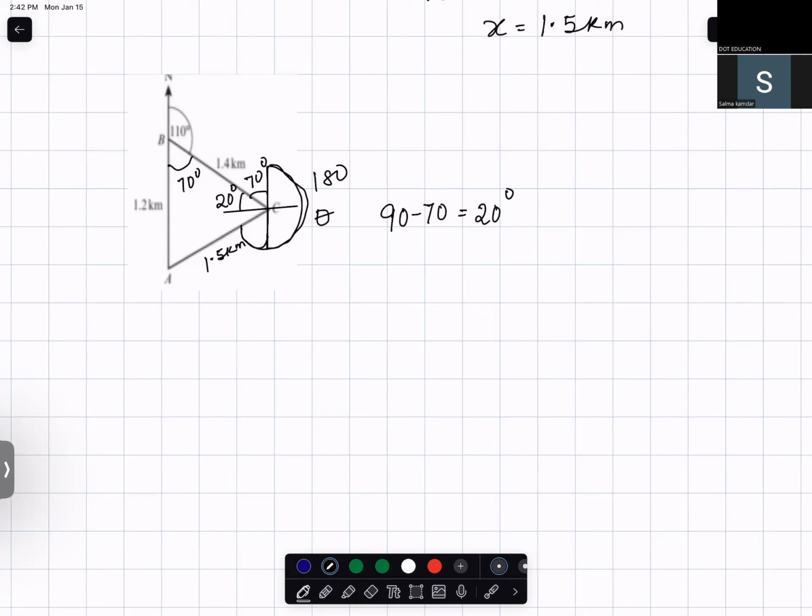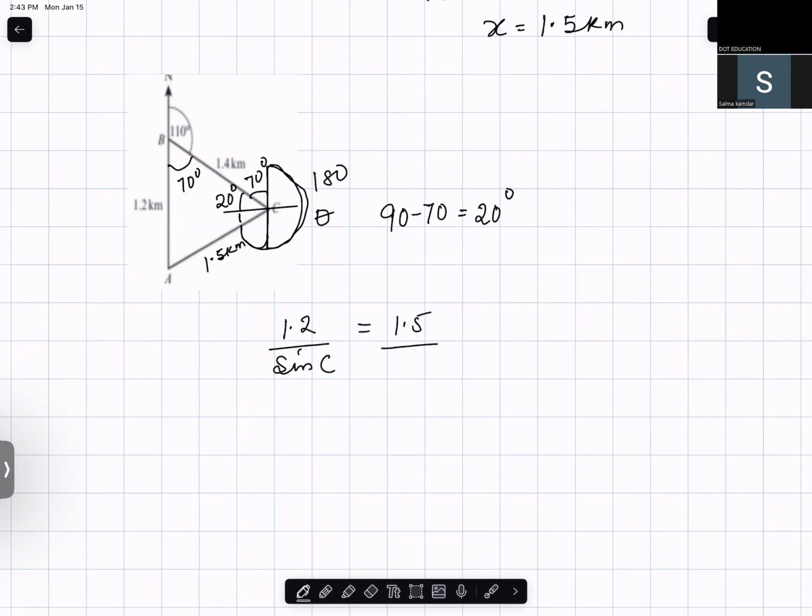So what is our angle here? That is what we are looking for. We'll look for this angle here, then we can proceed with this angle here. So applying our sine rule to this, we have 1.2 divided by sine C is equal to 1.5 divided by sine 70.